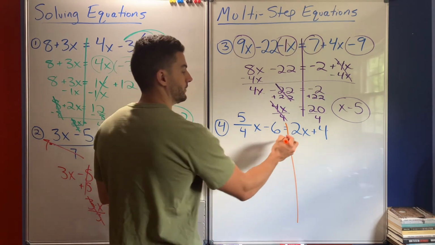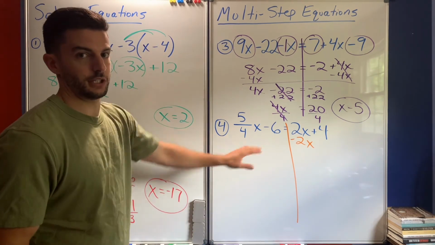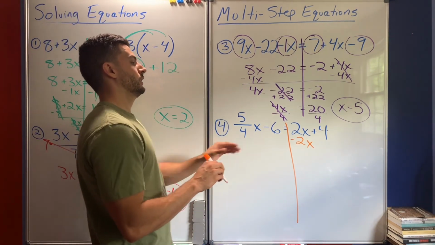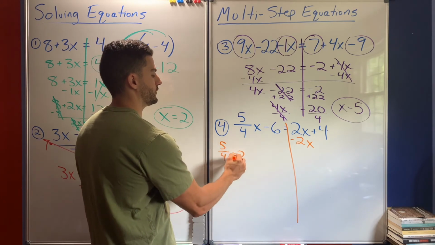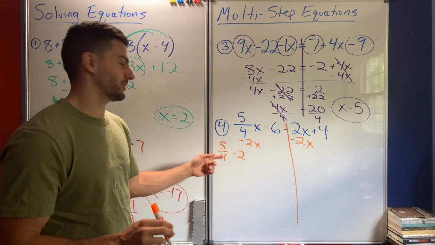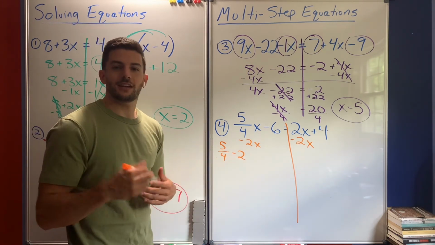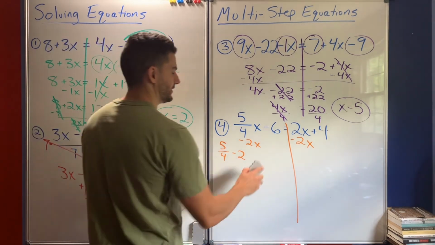But here's what's tricky. And I'm going to do that first, but I'm going to change something over here before I do that, okay? Because 5/4 minus 2 would be the actual math that's happening here. And that's confusing, right? 5/4 minus 2. Again, most people don't like to deal with fractions, and yeah, that's tricky, okay?